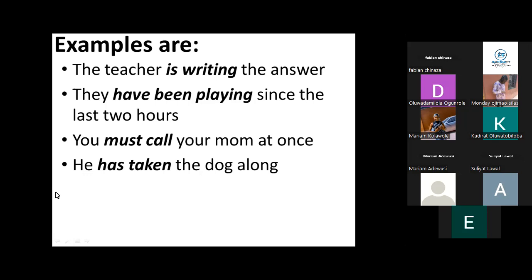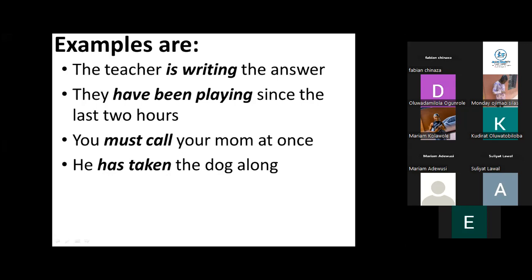When you see 2, that is an auxiliary and a main verb, or you have more, maybe 2 auxiliaries and a main verb, or you have an auxiliary and 2 main verbs in a sentence, the combination, that group, is called a verb phrase.